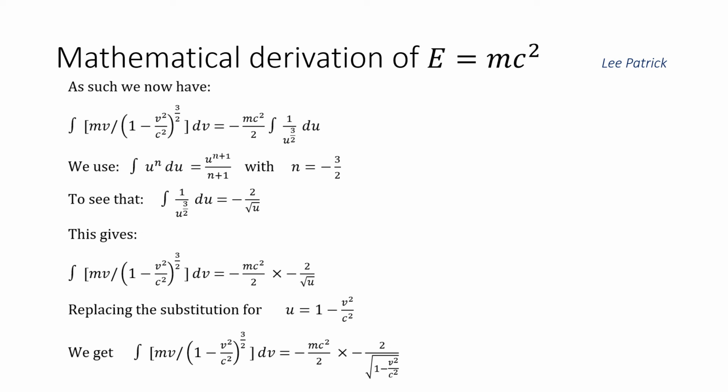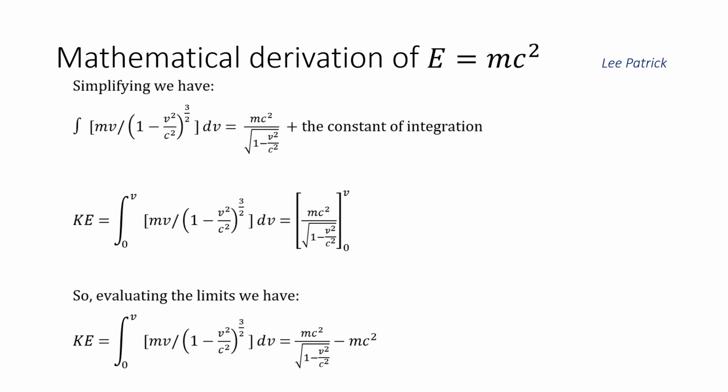This gives the integral of mv over (1 minus v squared over c squared) to the power 3 over 2 with respect to velocity equals minus mc squared over 2 times minus 2 over the square root of u. Replacing the substitution for u equals 1 minus v squared over c squared, we get the integral equals minus mc squared over 2 times minus 2 over the square root of 1 minus v squared over c squared.